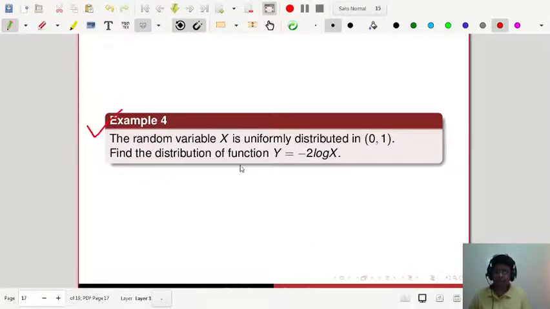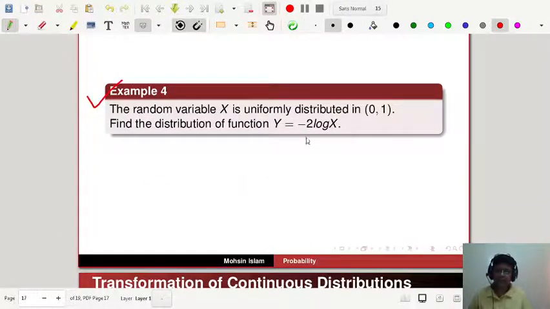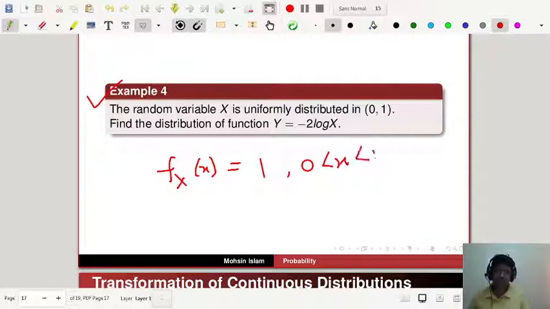Example number 4. The random variable x is uniformly distributed in 0, 1. Find the distribution of y equal to minus 2 log x, ln actually, e base. So your fX(x) is given by the probability density function of x. It's uniform distribution, so it is 1, 0 less than x less than 1, right? And what about your y?